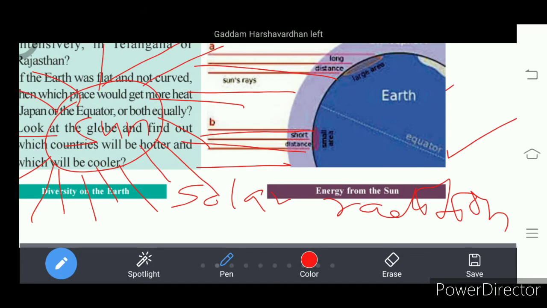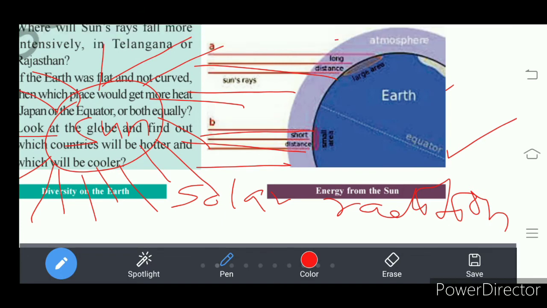The energy produced from the sun is emitted out in the form of sun rays, and that is what we call solar radiation. Solar means sun.